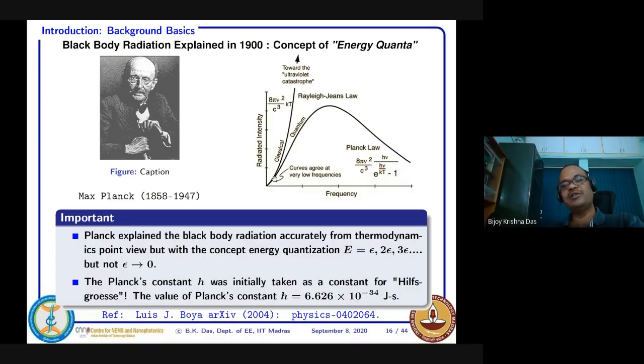As a function of frequency, it is a kind of parabola, nu square. For a given temperature, T is constant, k is the Boltzmann constant, 8 pi and c cube are constants, c being the velocity of light. So nu square means it will go like this. At higher frequency, it will go to infinity.